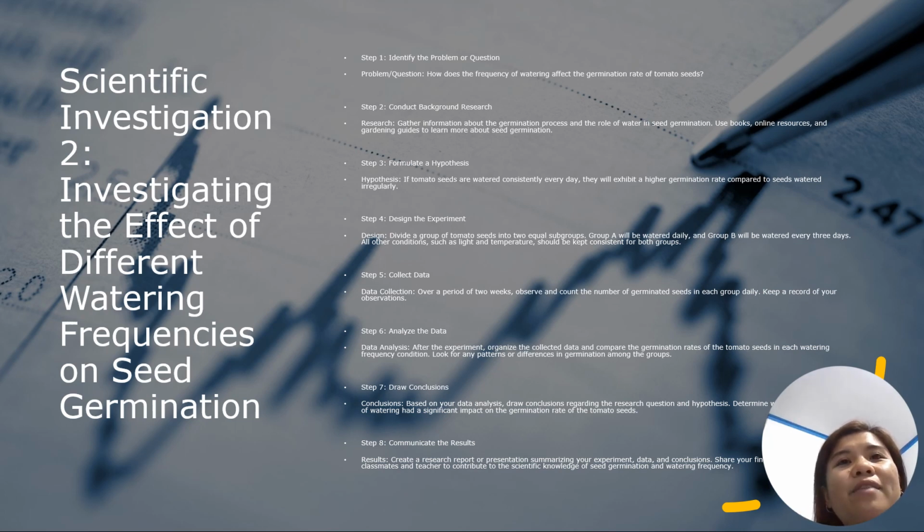Then we have step 8, communicate the results. Create a research report or presentation summarizing your experiment, data and conclusions. Share your findings to your classmates and teacher to contribute to the scientific knowledge of seed germination and watering frequency.